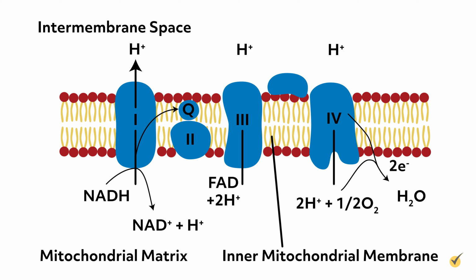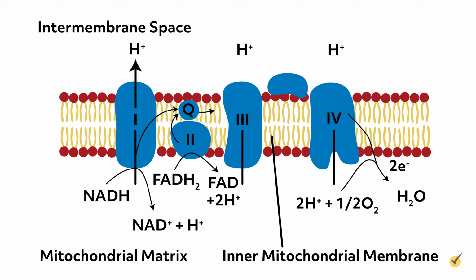Nearly simultaneously, FADH2 enters protein complex 2 and is oxidized to FAD, transferring its electrons to ubiquinone Q and later reduced to QH2. Unlike complex 1, complex 2 only accepts protons from FADH2 and does not contribute any protons to the proton gradient.